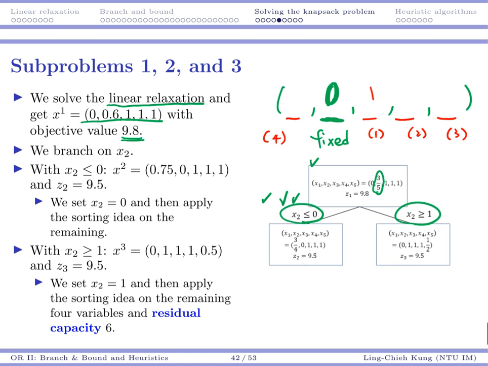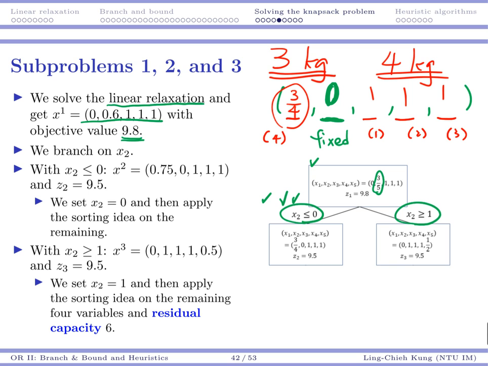You're going to take 100% of item 3, 100% of item 4, 100% of item 5. After that, you still have 3 kilograms, and you see that for item 1, taking all of it requires 4 kilograms. So you may only take 3 over 4, and that means 75% of item 1.